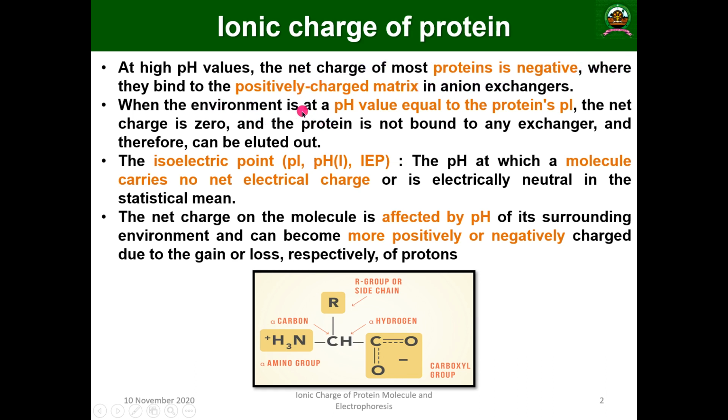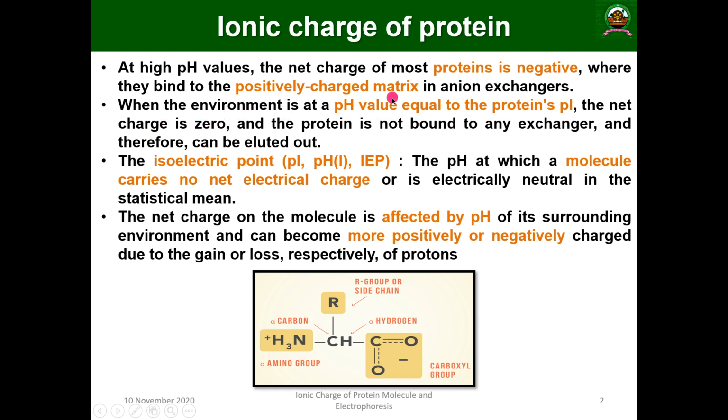When the pH of the environment is equal to the protein's Pi, the net charge is 0, and the protein is not bound to any exchanger, and it can be eluted out.